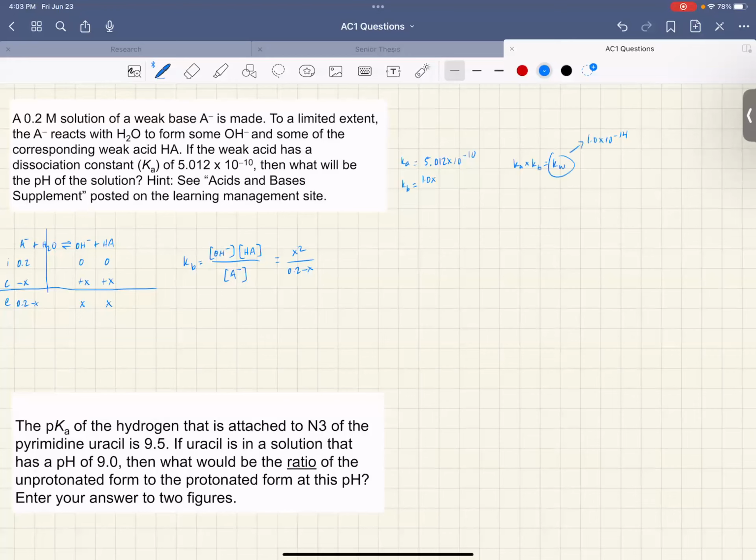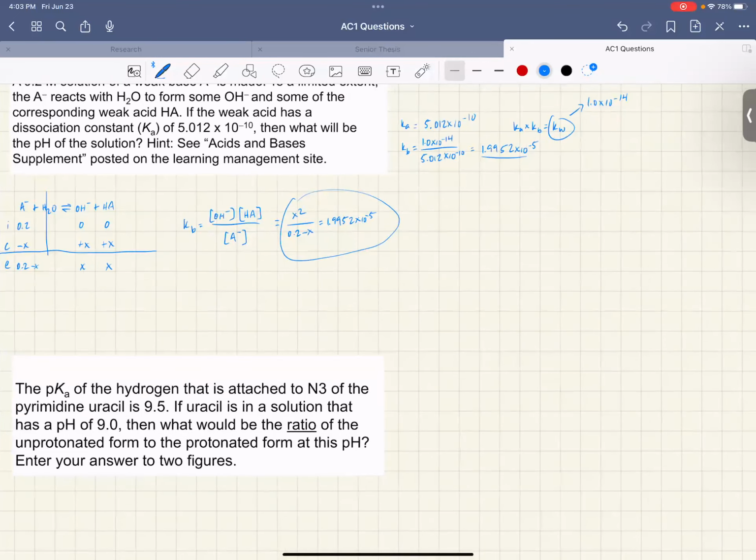So 1.0 times 10 to the negative 14th over 5.012 times 10 to the negative 10th. And we'll get 1.9952 times 10 to the negative 5th. That's our Kb. So plugging this back into this formula, this is our expression that we're going to be dealing with.